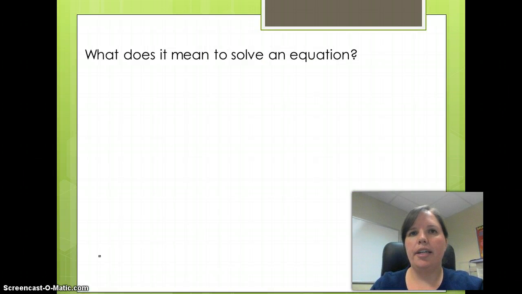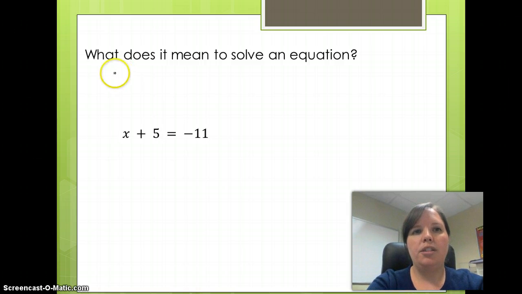So first thing, our goal of this chapter is to focus a lot on solving equations and what it means to actually solve an equation. We could go with the book definition, but bringing up an equation here might help us.